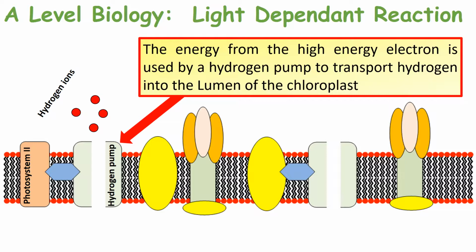In part, this is due to the electrical charge changing as the electron passes through it. As the electron passes through it, that gives the channel in the middle of the hydrogen pump a slightly negative charge, which in turn will draw the positive hydrogen ions through.